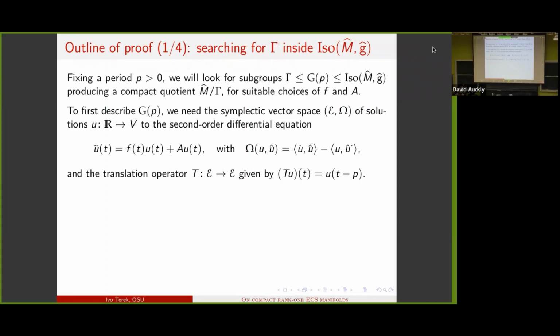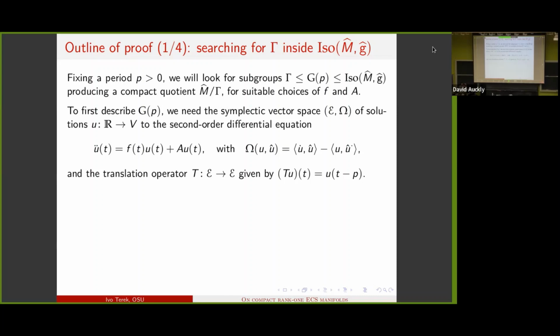You see, this quantity here a priori would depend on T, but the differential equation forces it to be constant. And this is actually a general fact. There's nothing specific about ECS geometry. If you replace F plus A with any self-adjoint operator, you still get a symplectic form. This is called a Morse-Sturm system, if you ever heard of it. And on that space of solutions, we actually have this translation operator that just shifts by P.